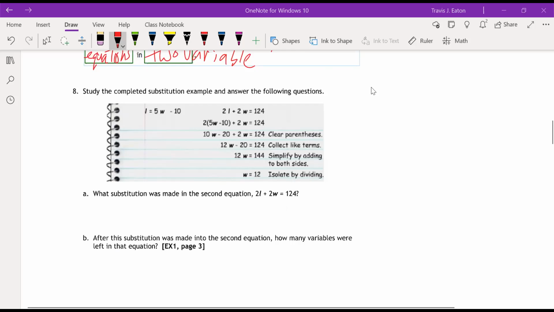If you remember, the first substitution was to take 5W minus 10 and substitute it for L. So if I can type that in, 5W minus 10 was substituted for L in the second equation.